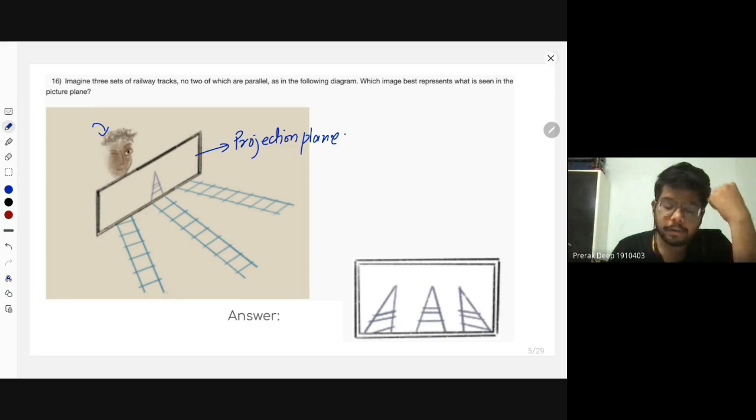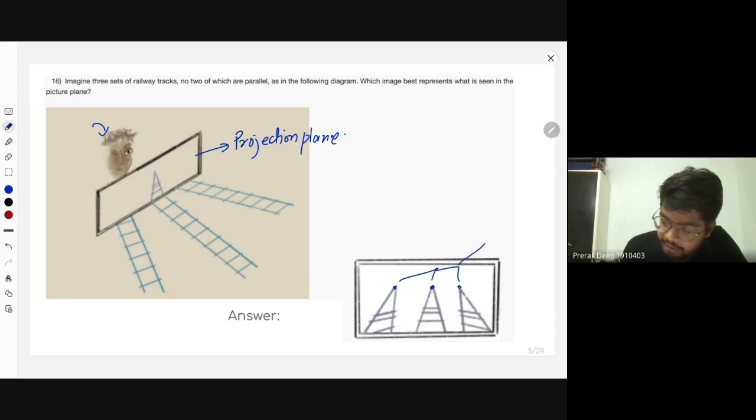So can anyone tell me why? First of all, you can see the answer as well. I'm not going to say it loud, but let's look for the justification for this answer. As you can see, there are three vanishing points, correct?